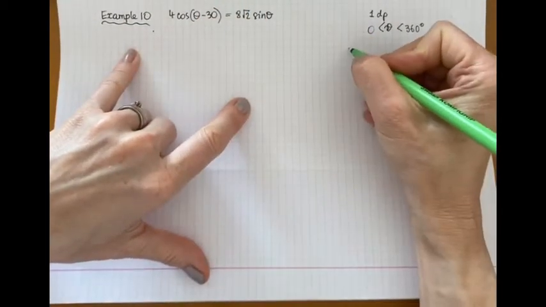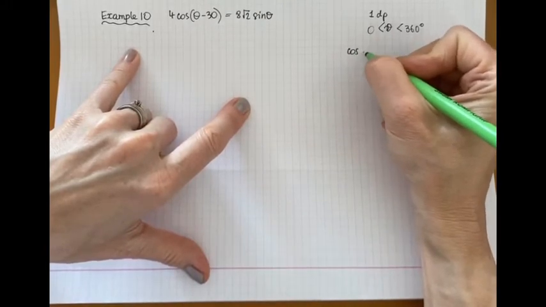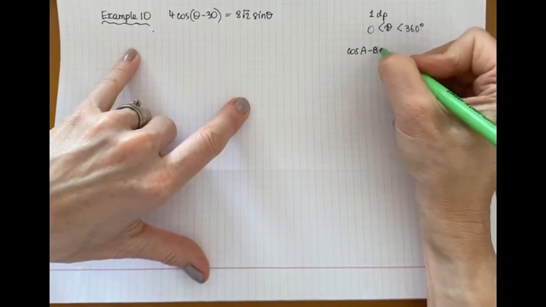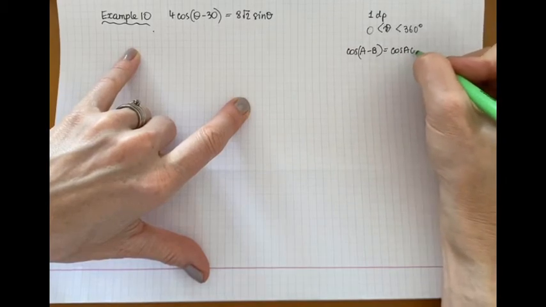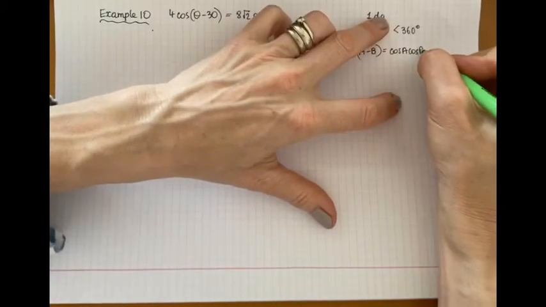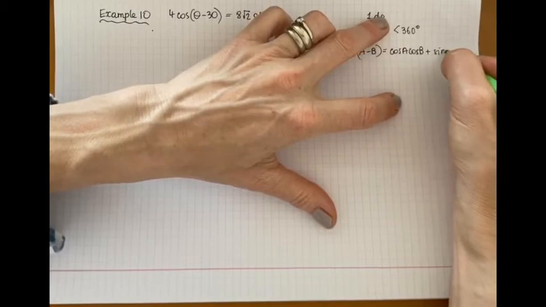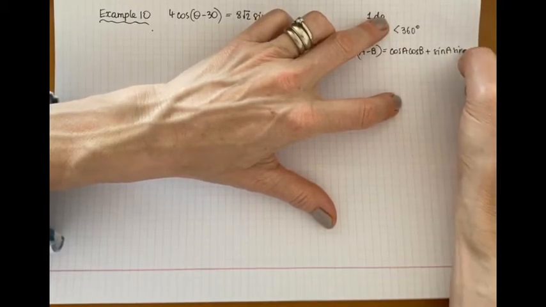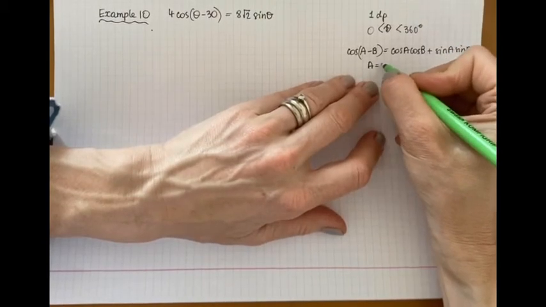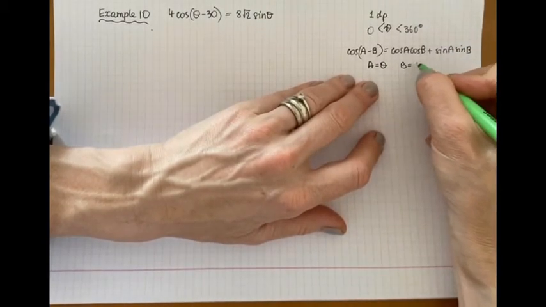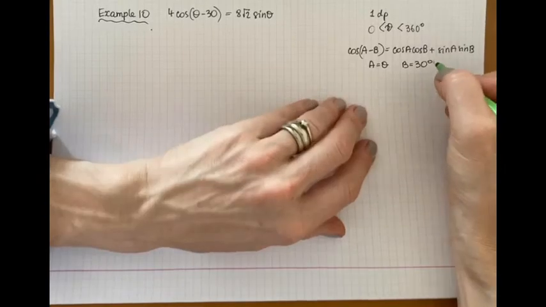So we're going to use cos(A minus B). So that is cos A cos B plus sine A sine B. It's always a good idea to quote this. With our question, A is theta and B is 30 degrees. So what will happen there?